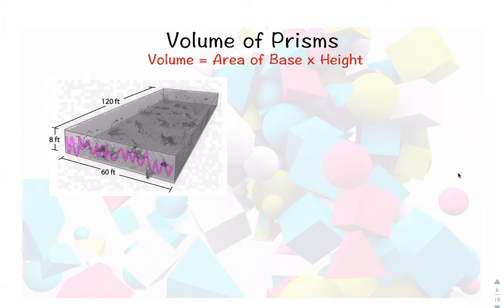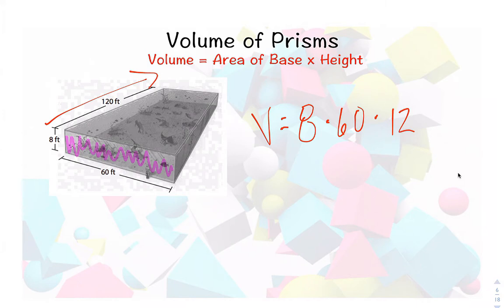Okay, so my volume is going to be 8 times 60, because that's the area of a rectangle. And then I'm going to multiply it by the length extended. Okay, that's times 120. Well, think about what we just did, right? In this video, we talked about terminology, but essentially we took length times width times height.